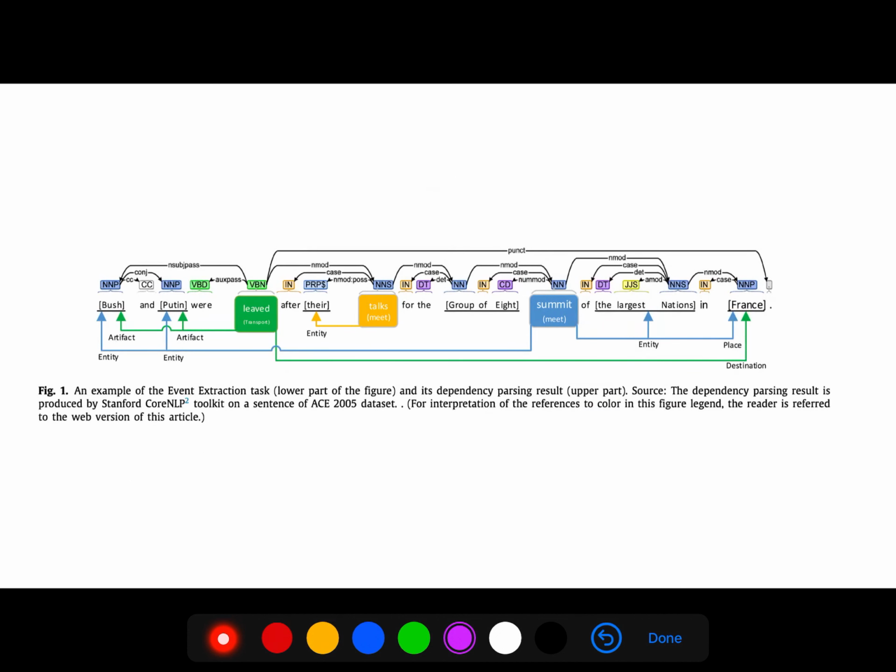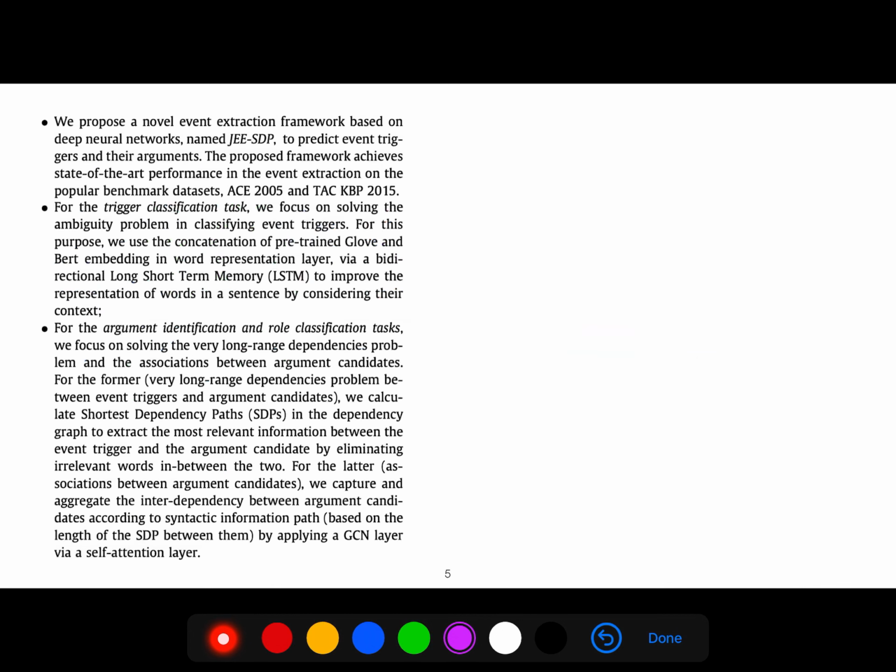So this is an example of event extraction task and its dependency result. The dependency parsing, you can get it with the Stanford Core NLP toolkit, but the dataset for event extraction that here they use is just ACE 2005, which is very popular.